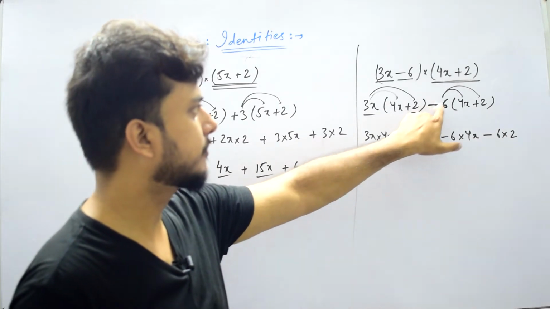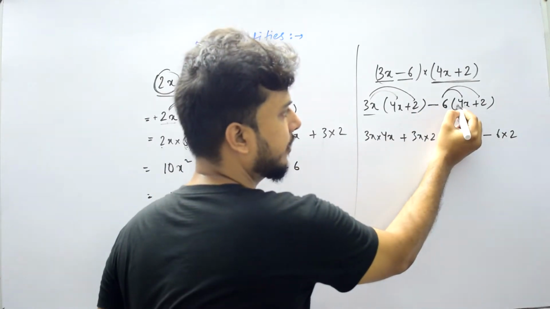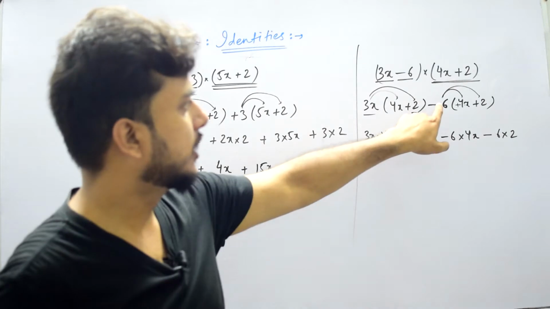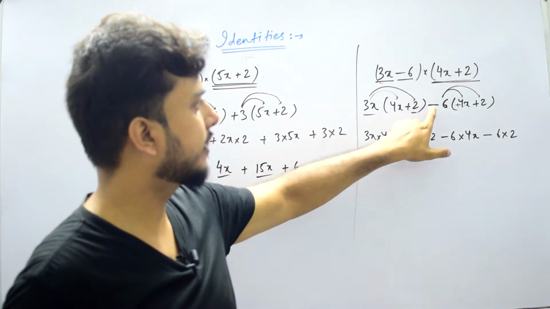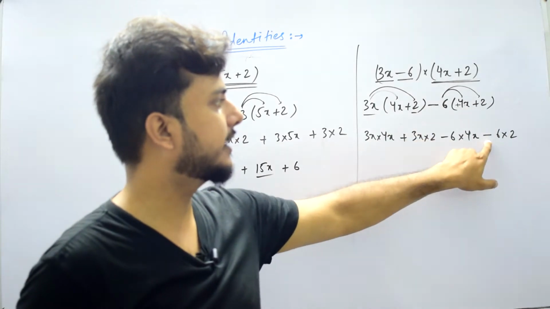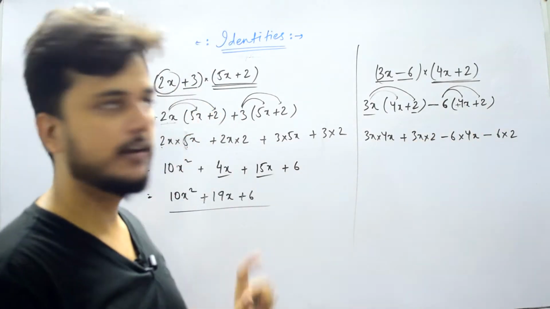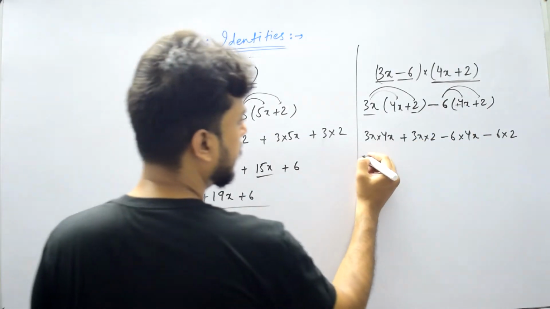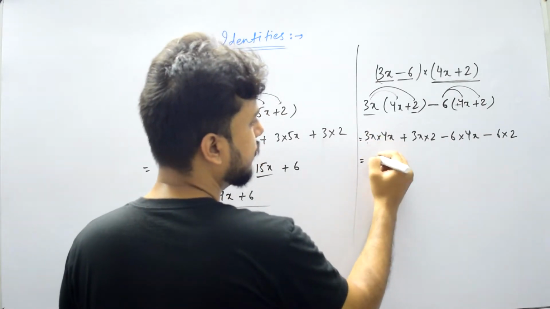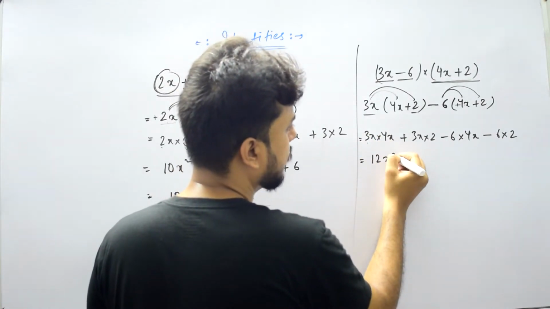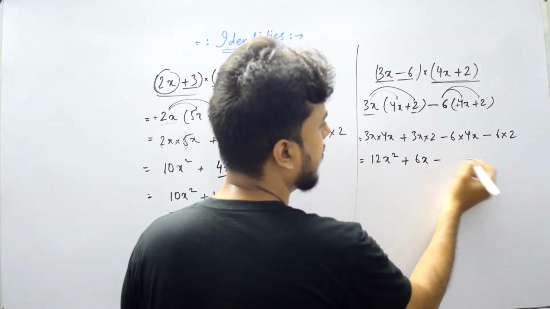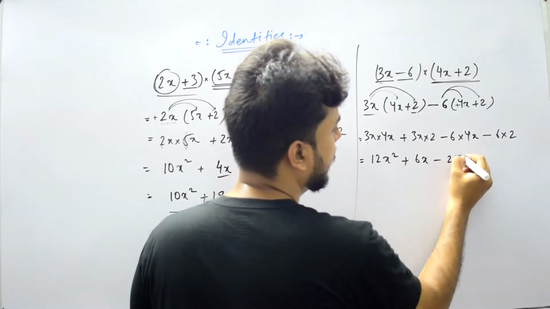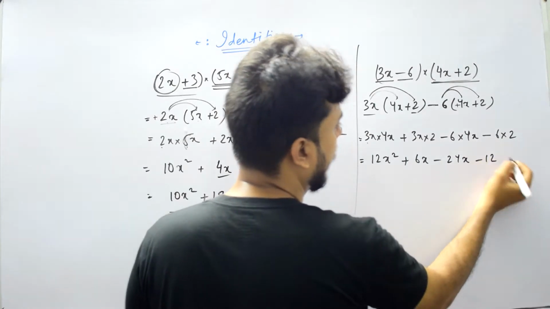This minus multiplies with 4x, in front of which there is nothing, that means there is plus, so minus into plus is minus. Now we will multiply it. So this becomes 3 into 4, 12x square, plus 3 into 2, 6x, and this one is minus 6 into 4, 24x, and minus 12.